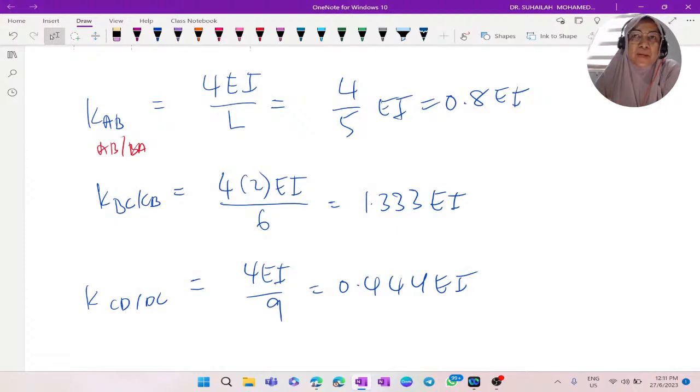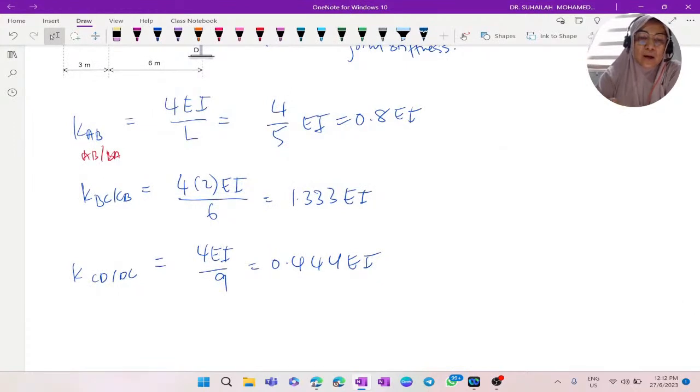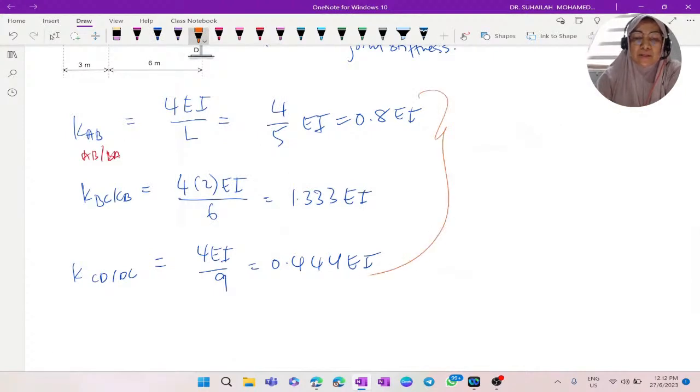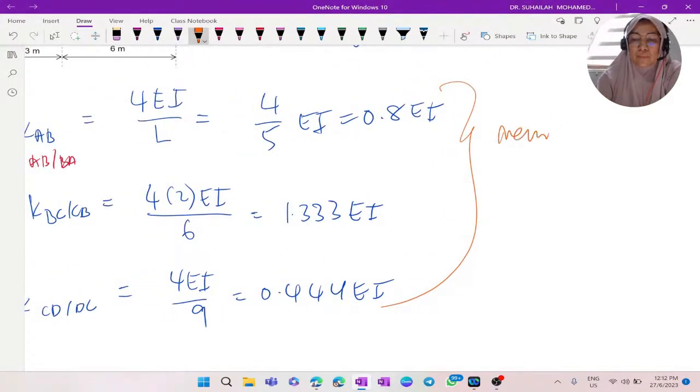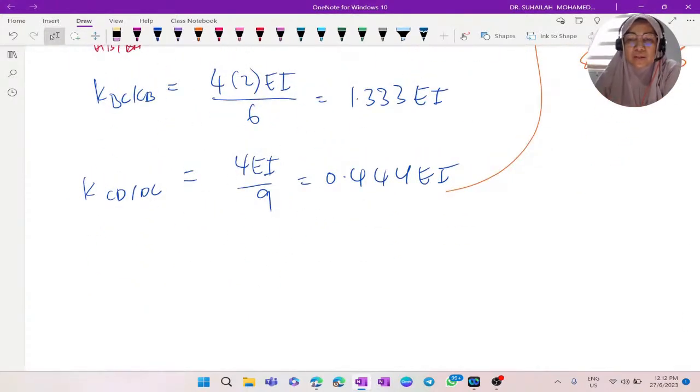Joint stiffness means we want to find the total stiffness at joint. So we focus on joint B and joint C.